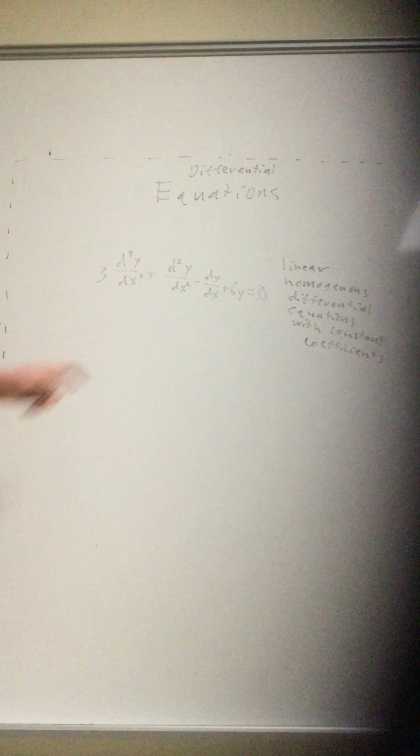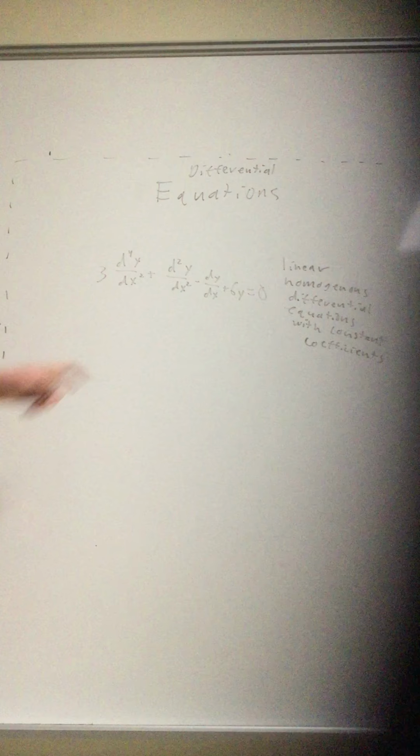If you were to try 2e to the ax, the left-hand side would be 2a e to the ax, and the right-hand side would be 2a e to the ax. So this would be a solution too. In fact, any multiple would be. Therefore, we write c e to the ax. In general, when you solve a differential equation, you get one constant. We call it an arbitrary constant.